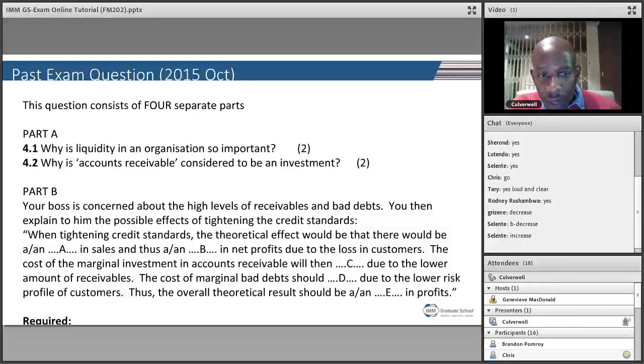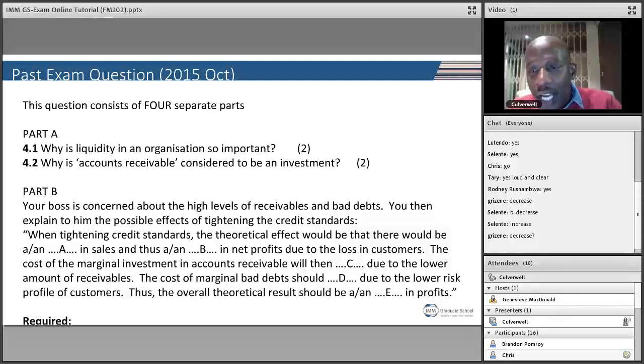The cost of marginal investment in accounts receivables: an increase or decrease? That's right. It will result in a decrease in investment in trade receivables. You know what trade receivables are? They are debtors.